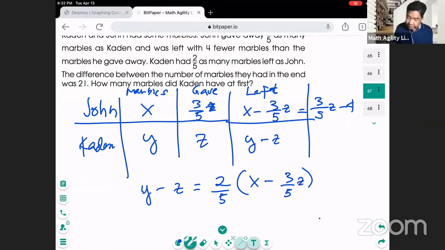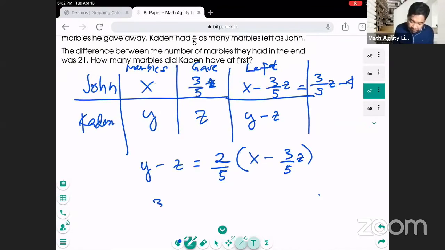So we can deduce that if 2/5 was the number of marbles left to Caden, therefore John has actually 3/5 of X minus 3Z over 5.